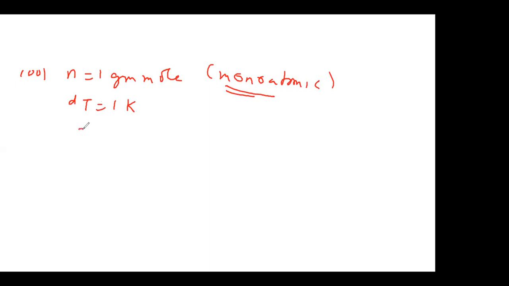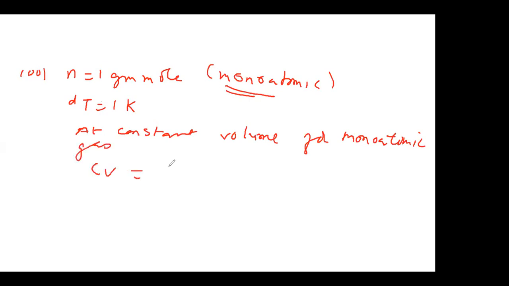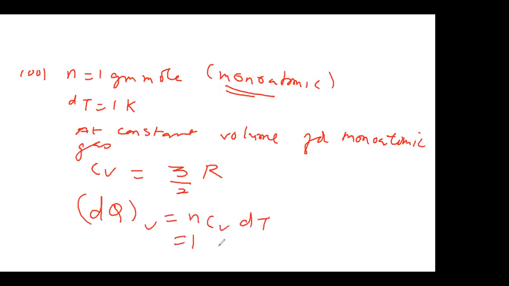So for a monoatomic gas, at constant volume, Cv equals 3/2 R. Therefore, heat supplied at constant volume is n Cv dt. n is 1, Cv is 3/2 R, dt is also 1. So this becomes 1.5 R, which is given in A.